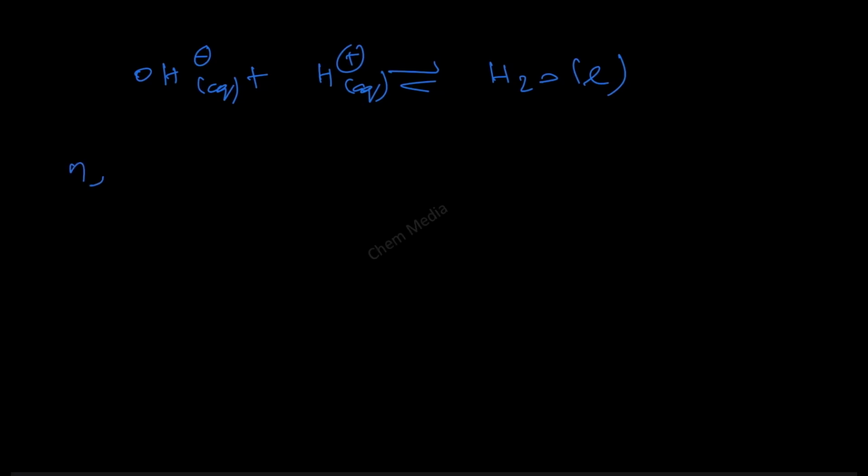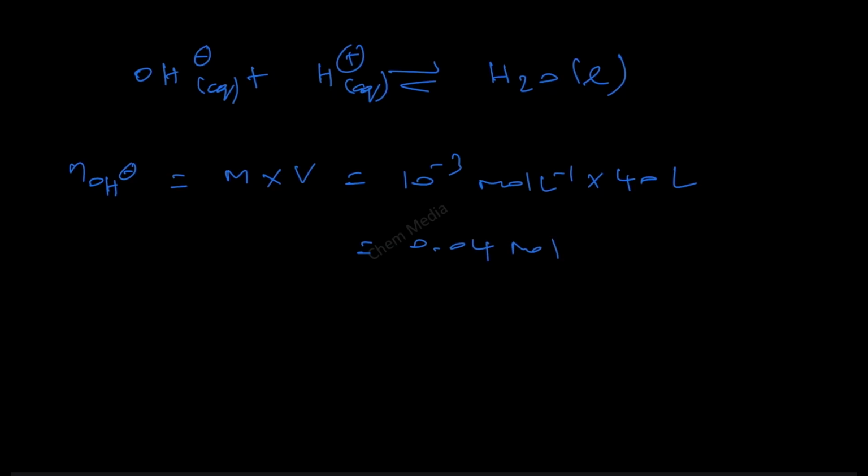So number of moles of OH minus is equal to molarity times volume. Molarity is 10 to the power minus 3 mole per liter. Volume is 40 liters. So this is equal to 0.04 mole, and then number of moles of H plus is equal to 2 times molarity times volume. Why 2?